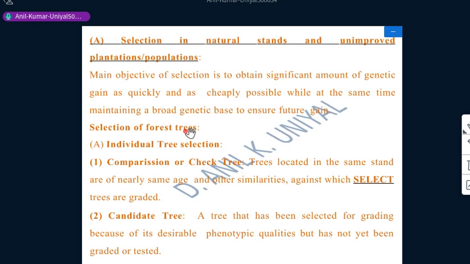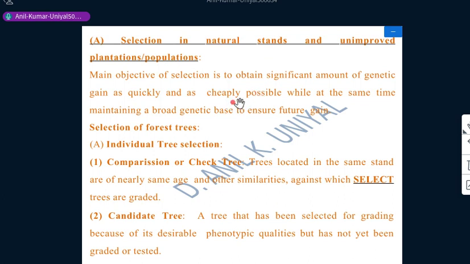Next, how are the trees selected in the forest? The very first category is the selection of trees in natural stands and unimproved plantations. If the plantations are 30 or 40 years old, those are considered unimproved plantations, or may be considered natural forest in due course.